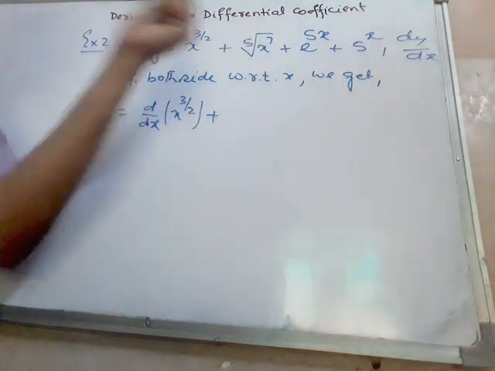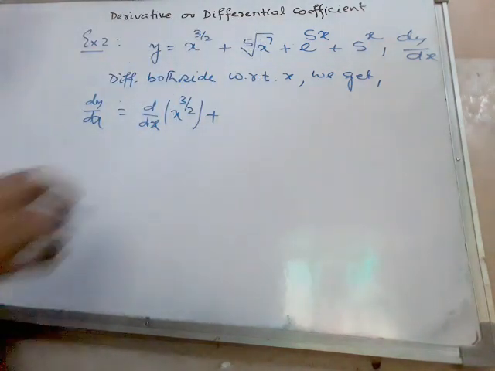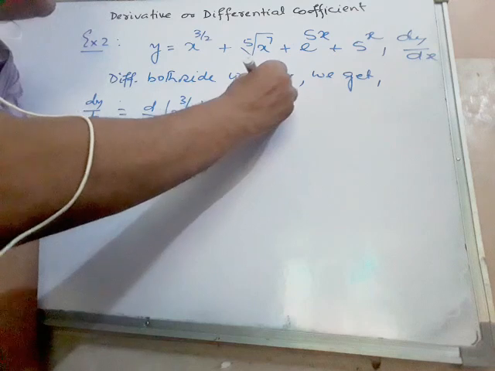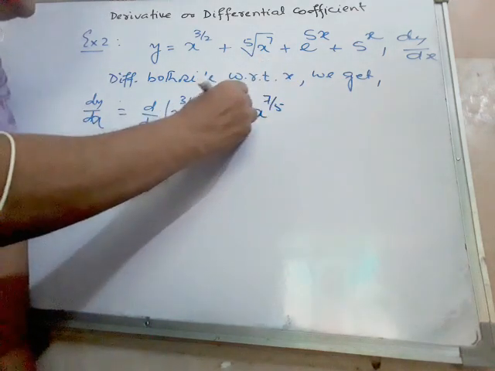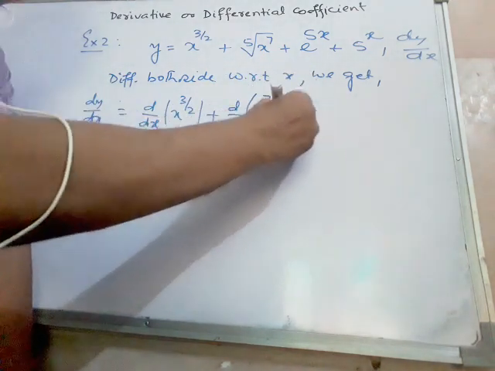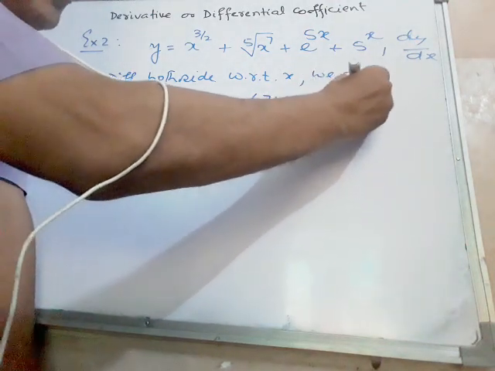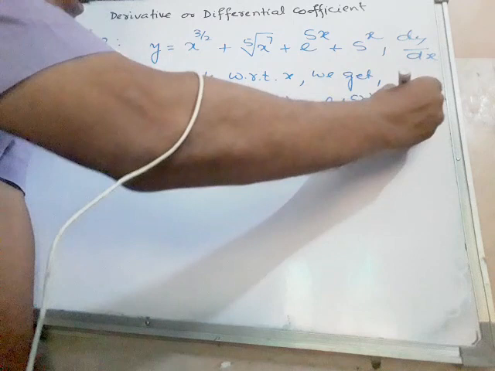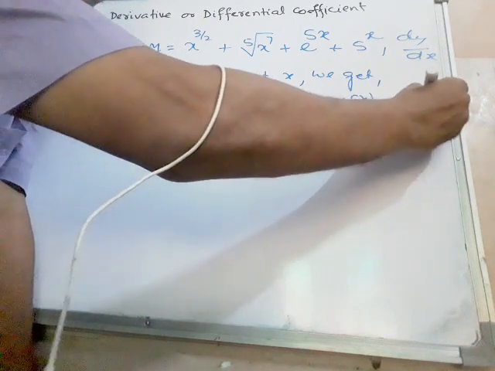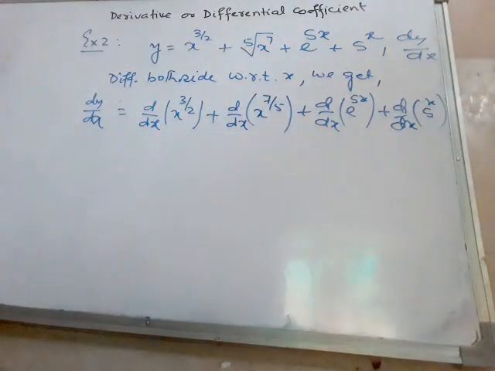Here the fifth root of x to the power 7 can be written as x to the power 7 by 5, and d/dx of that, plus d/dx of e to the power 5x plus d/dx of 5 to the power x.